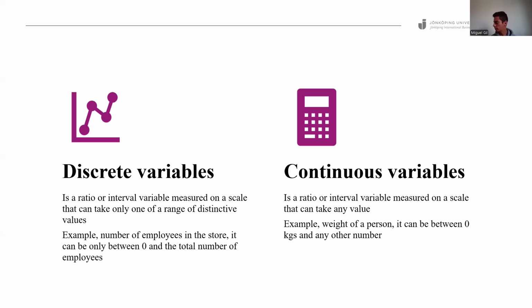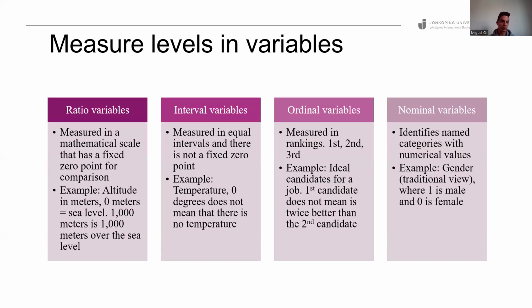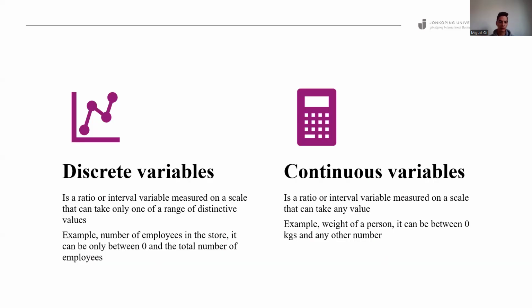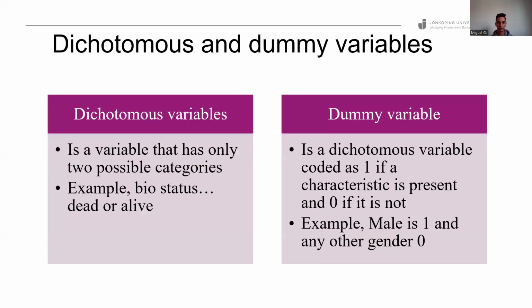We will have first place, second place, but we will not have 1.5. A continuous variable is different. Usually scale variables like ratio and interval can have decimals. For example, height like 1.74 or 1.8; you can have decimals in between. So it's also important to know that.